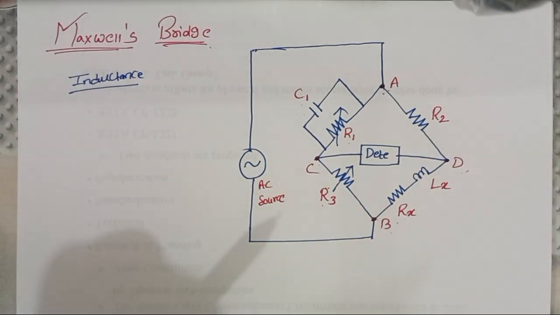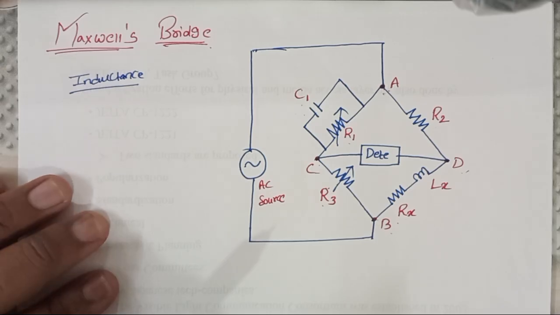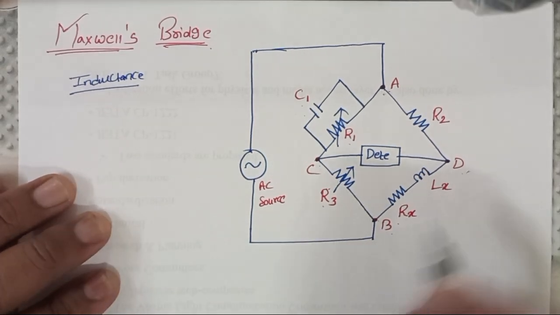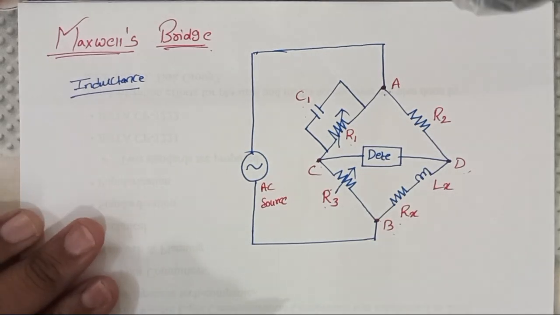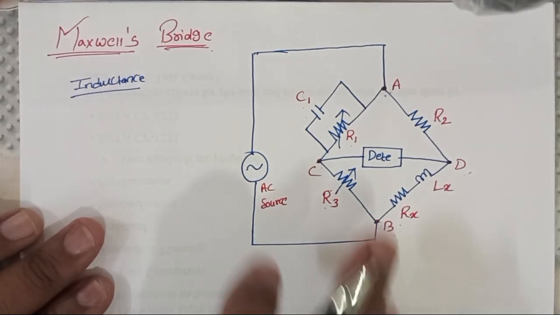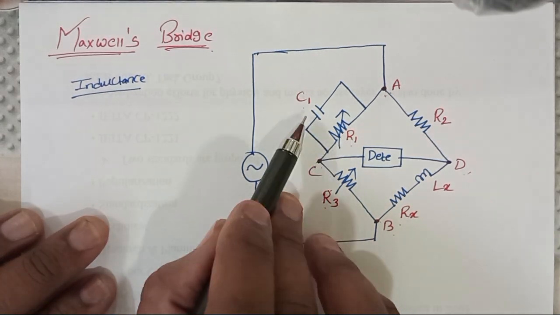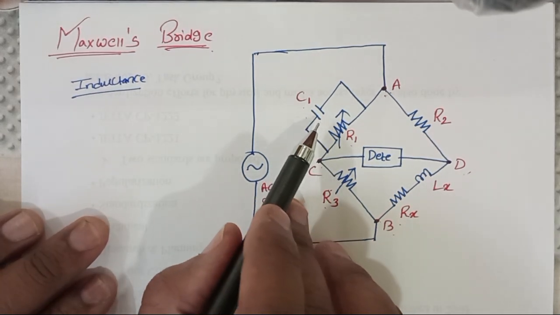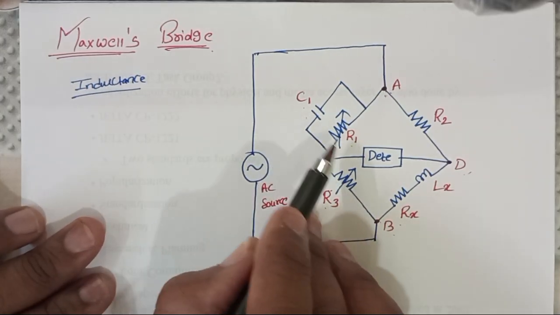Now we have to derive the expression for the unknown value of inductance, Lx. First I'm writing the impedances in our arms. In the first arm we have R1 and C1 in parallel.